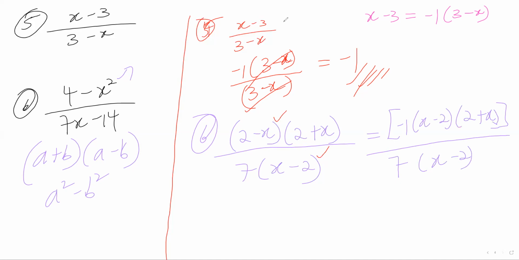All right, so x minus 2 can cancel out, and we will be left with the negative of everything, because the -1 is here. 2 plus x divided by 7. So when you solve this question, you end up with 2 plus x divided by 7.